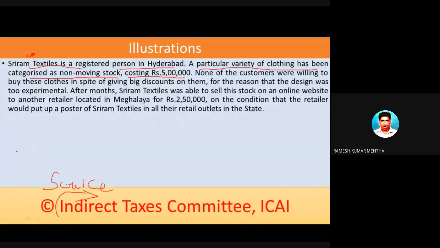The total amount of these non-moving goods was 5 lakh rupees. Now he has a headache that these goods are not sold, so he wants to get rid of these non-moving goods.